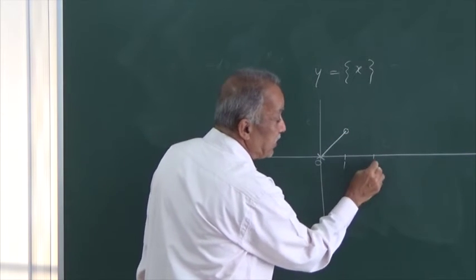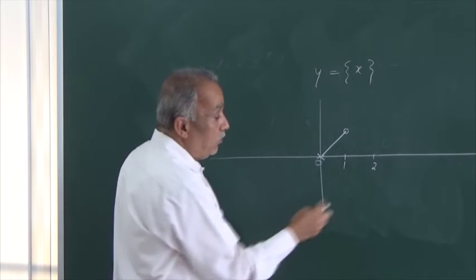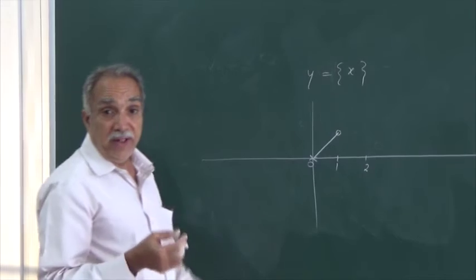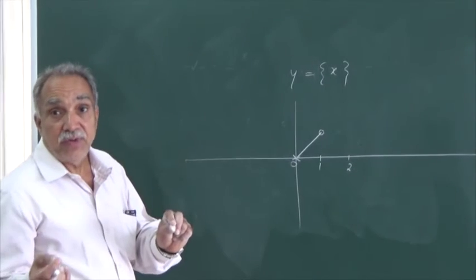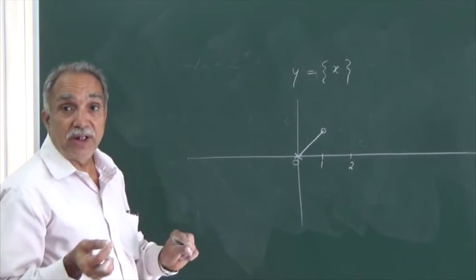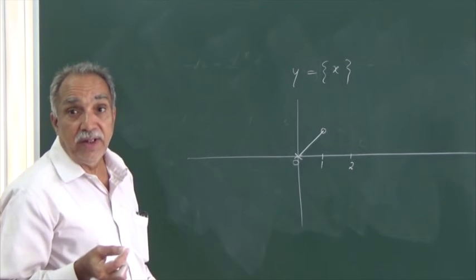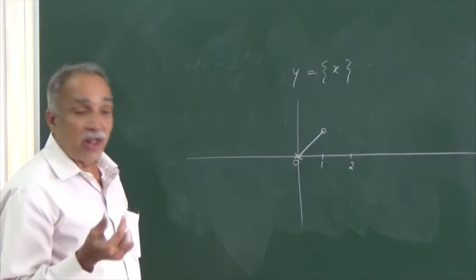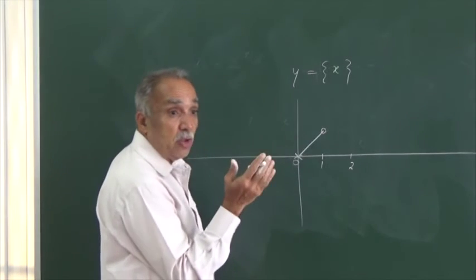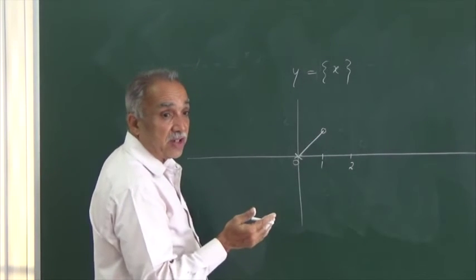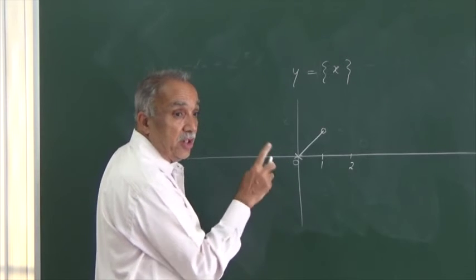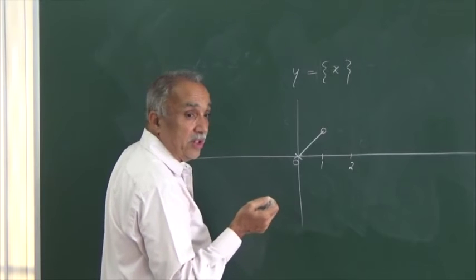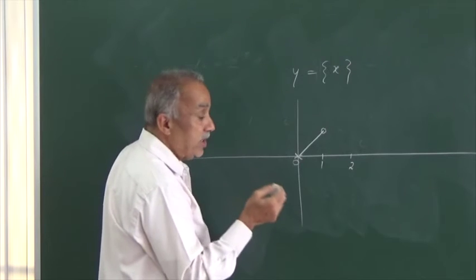Suppose next x is a number between 1 and 2. For a number between 1 and 2, integer part is 1. So, the fractional part will be the actual value of x minus 1. The function formula now becomes y equal to x minus 1. Again part of a line segment of a line having slope 1, making 45 degrees with the x axis, now not passing through origin. y equal to x minus 1, when x equal to 0, y equal to minus 1, when y equal to 0, x equal to 1.